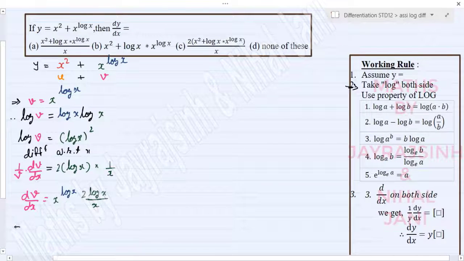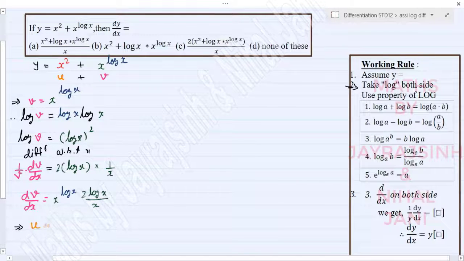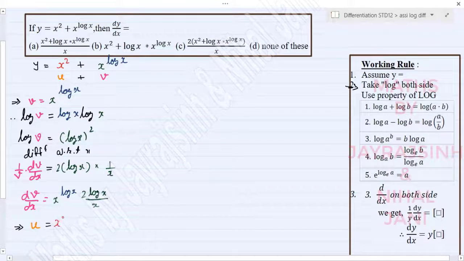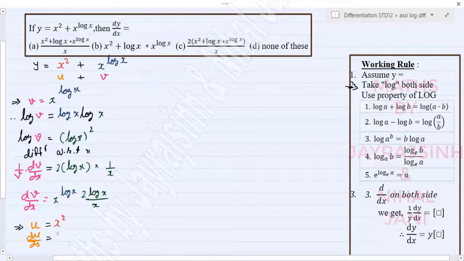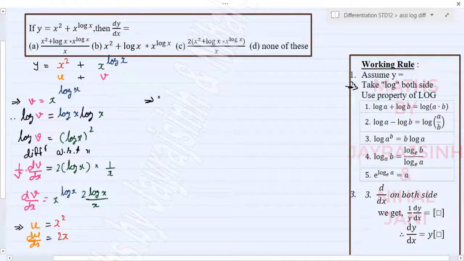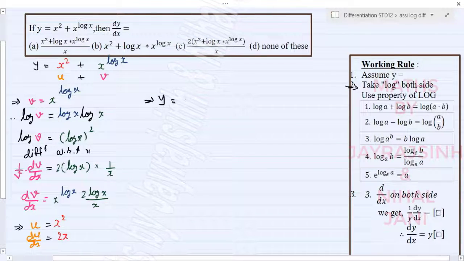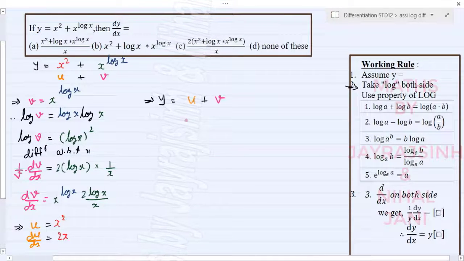Done? Now let's try to get the differentiation of u, which is your x square, and its differentiation is simply 2x. So let's get back to our original question where y is equal to u plus v.